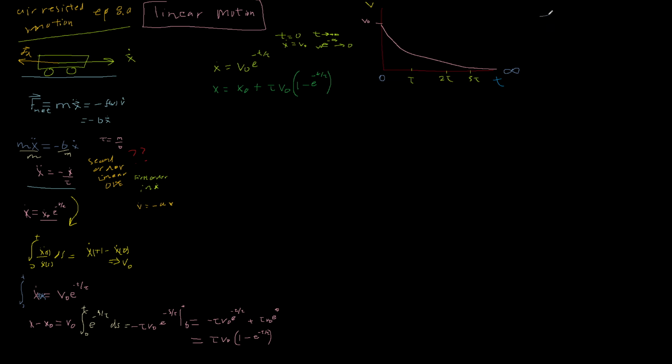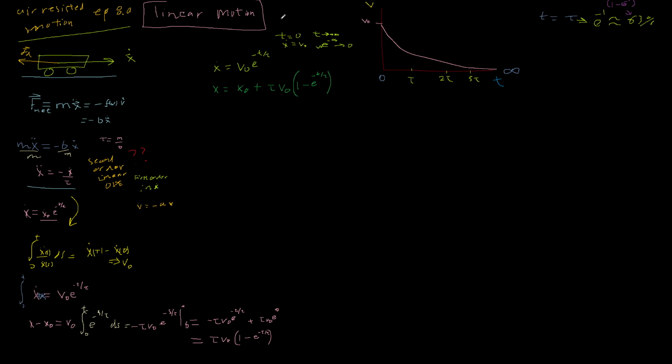Because when t is equal to tau, we have e to the minus 1. And e to the minus 1 is important because you can actually test this: do 1 minus e to the minus 1, and that should get you 63%.